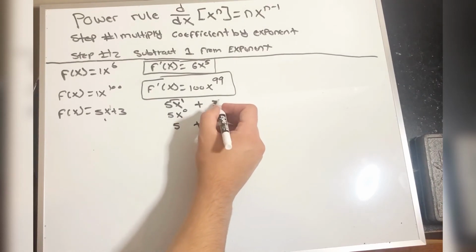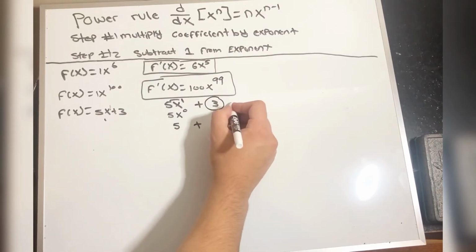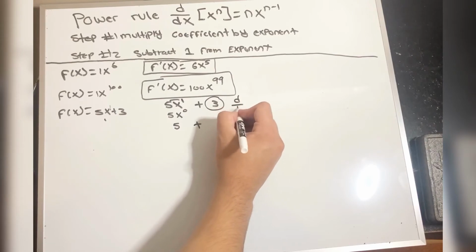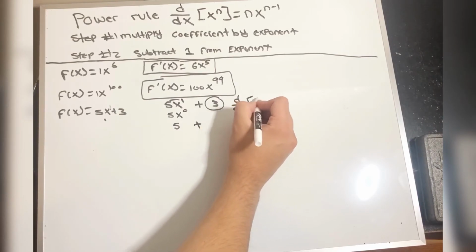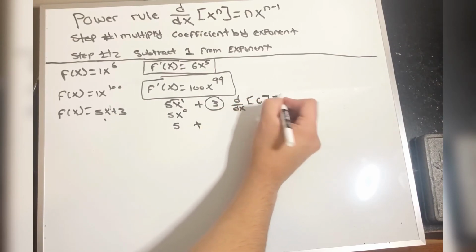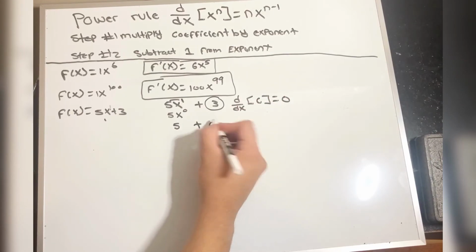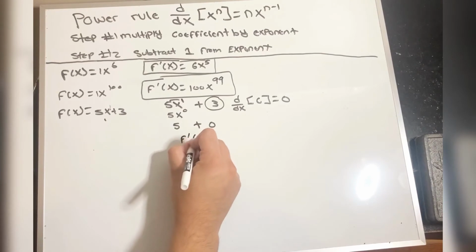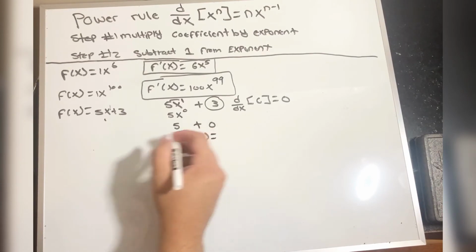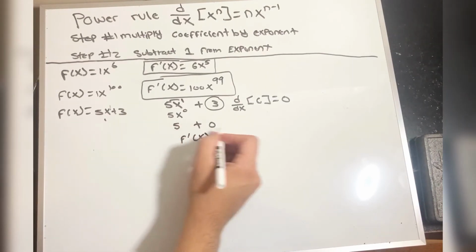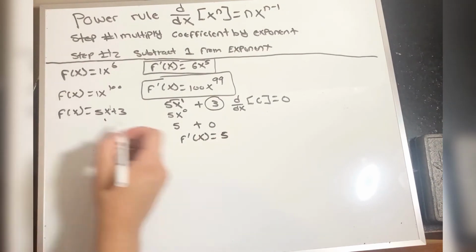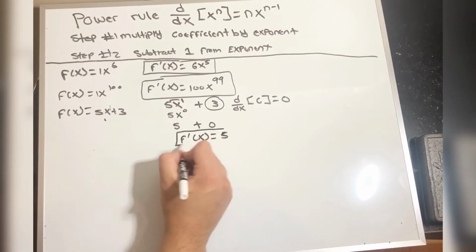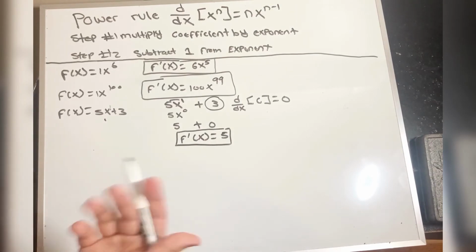We know that 3 is a constant, and we know that the derivative of a constant is equal to 0. So it's 0. So f prime of x will just be 5 for this question right here.